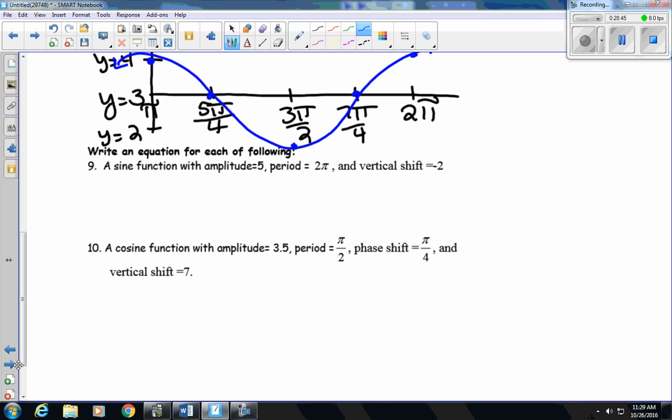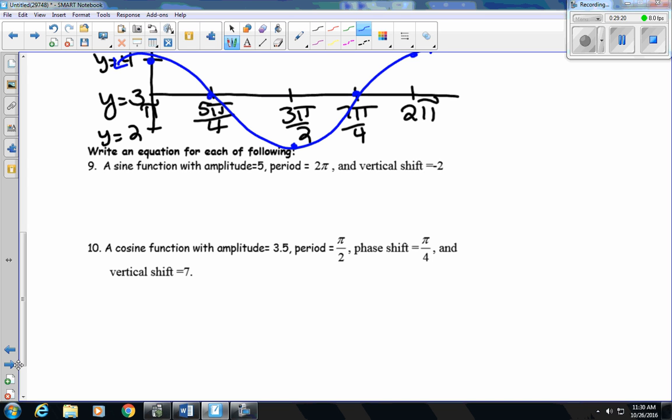You have to have plus or minus in front of your functions, because if I don't tell you there's a reflection, then the amplitude is what the amplitude is, and it could be an equation with a negative in front, and it could be an equation without the negative in front. So when you are writing equations from characteristics, you always start with y equals plus or minus, unless they say reflection over the x-axis. And in that case, you know it's only negative. Correct.